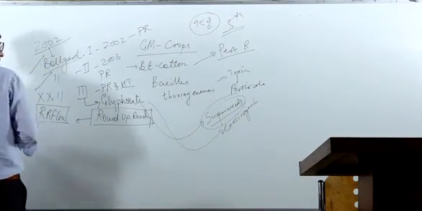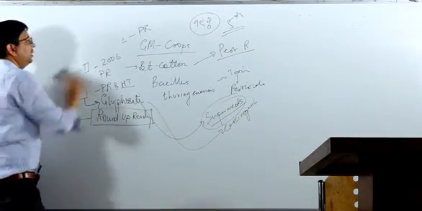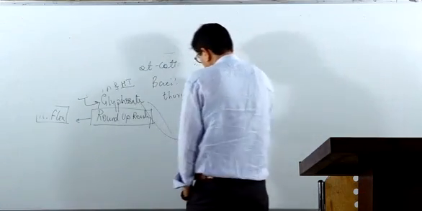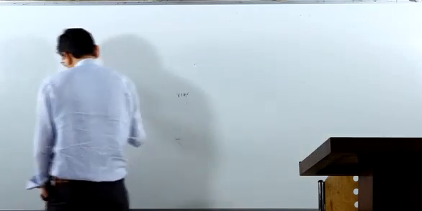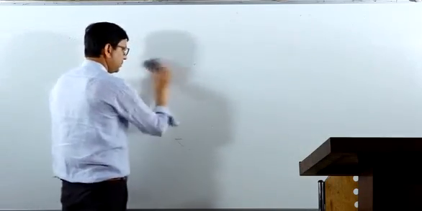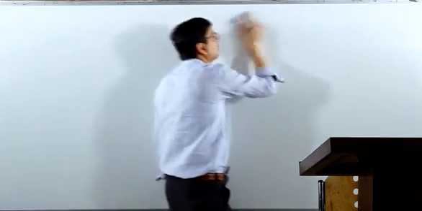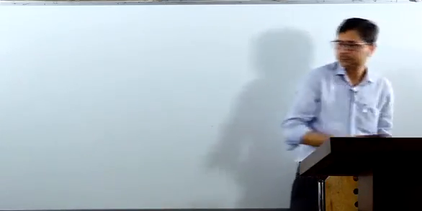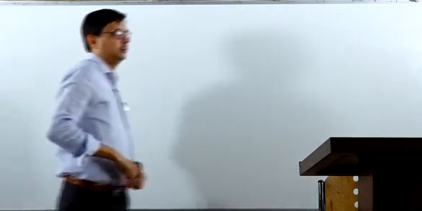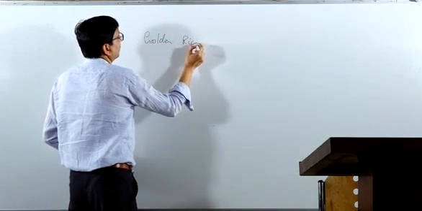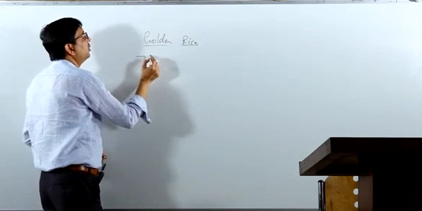After BT cotton, okay, next one is golden rice. See, golden rice is a biofortified crop.